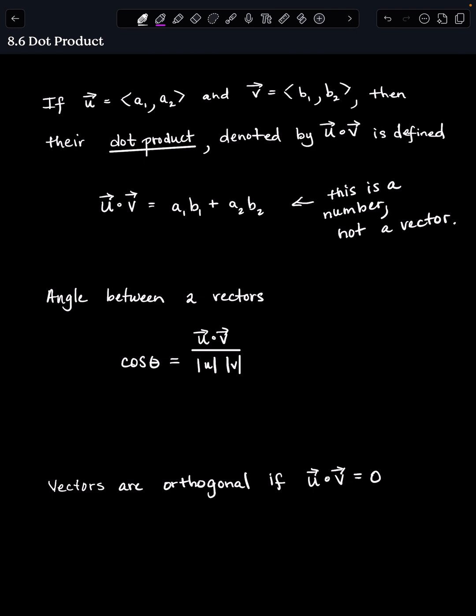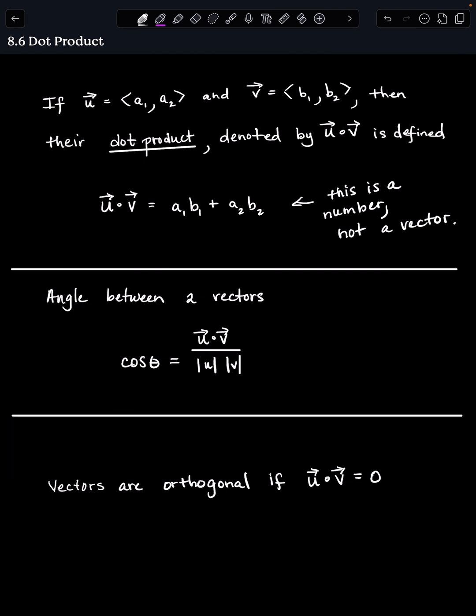The other thing we're going to look at in 8.6, and I'm just giving you all the notes here, and then I'll talk about all of them as we work some examples. If we're going to find the angle between two vectors, we're going to use the dot product. And so to find the angle between two vectors, it's the dot product over the magnitude of one vector times the magnitude of the other vector.